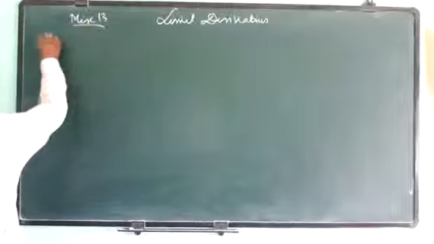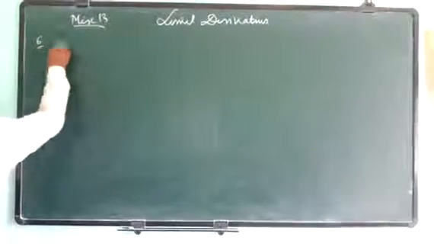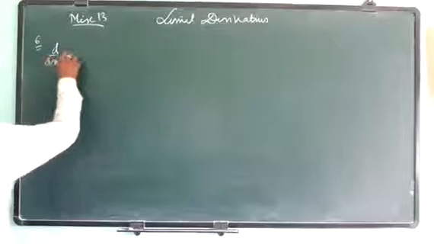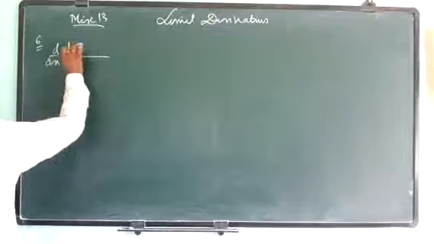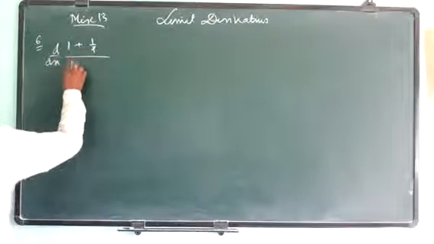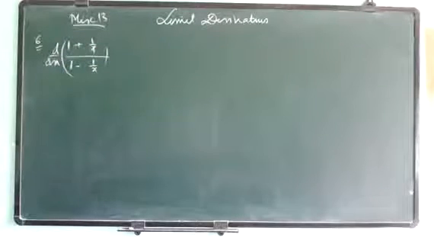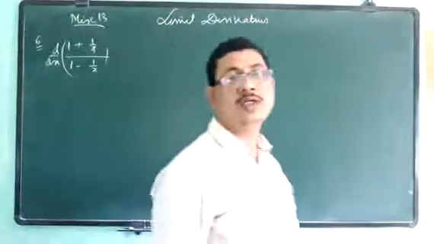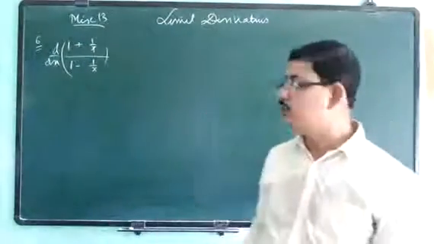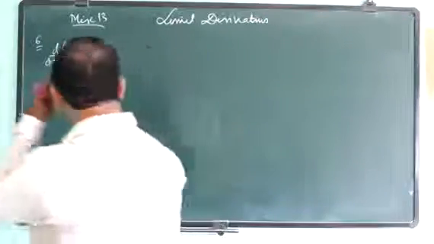So 6. We want to differentiate (1 plus 1 by x) divided by (1 minus 1 by x). What will be the value of this? Before doing this, if a little simplification is needed, then try to do it.